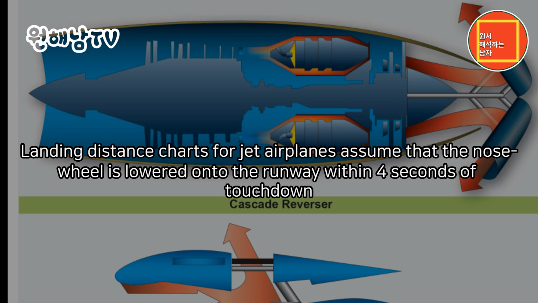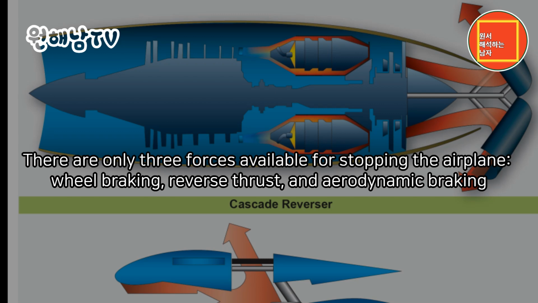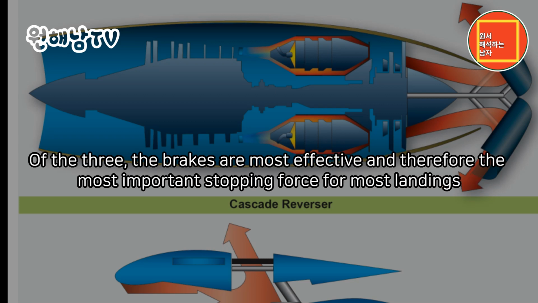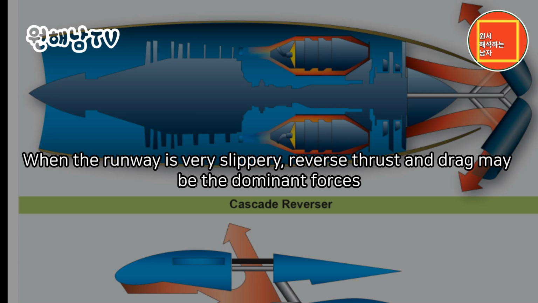of touchdown. There are only 3 forces available for stopping the airplane: wheel braking, reverse thrust, and aerodynamic braking. Of the 3, the brakes are most effective and therefore the most important stopping force for most landings. When the runway is very slippery, reverse thrust and drag may be the dominant forces.